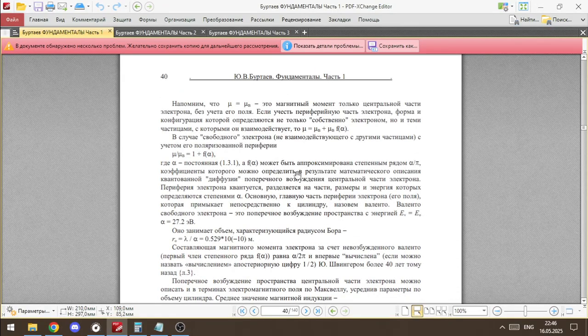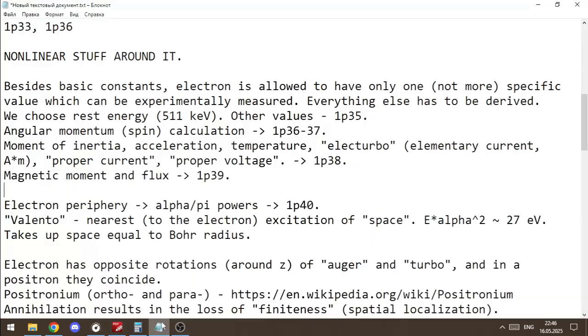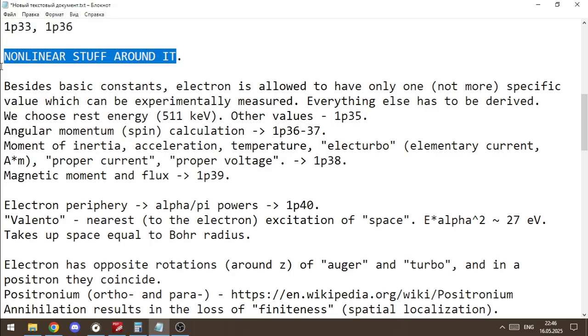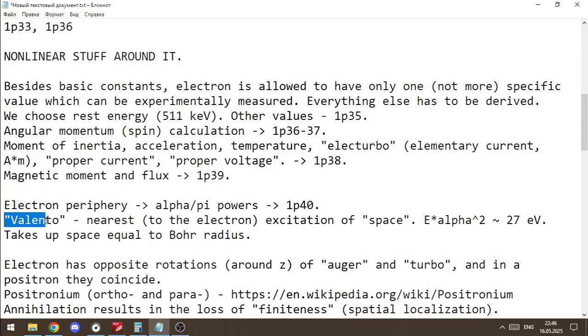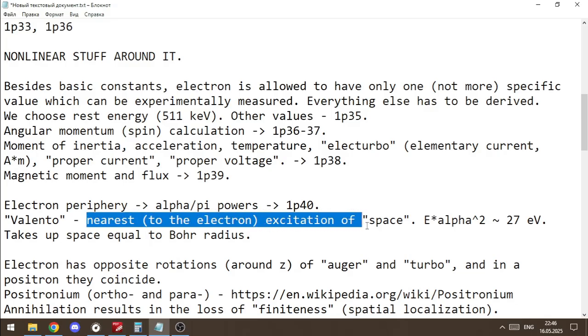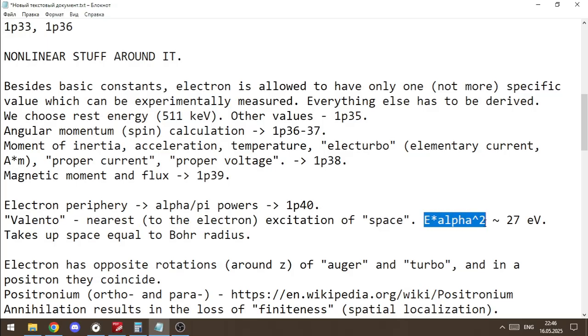That's the idea. And then, as we've just mentioned, there's a substance also around the structure, right? Not only does substance form the structure itself, but it also exists around it, and this is what he calls valento. It's again a term he invented for the nearest excitation of otherwise free space. So the presence of the electron excites this space or substance, and the characteristic energy would be the energy of the electron itself multiplied by alpha squared.